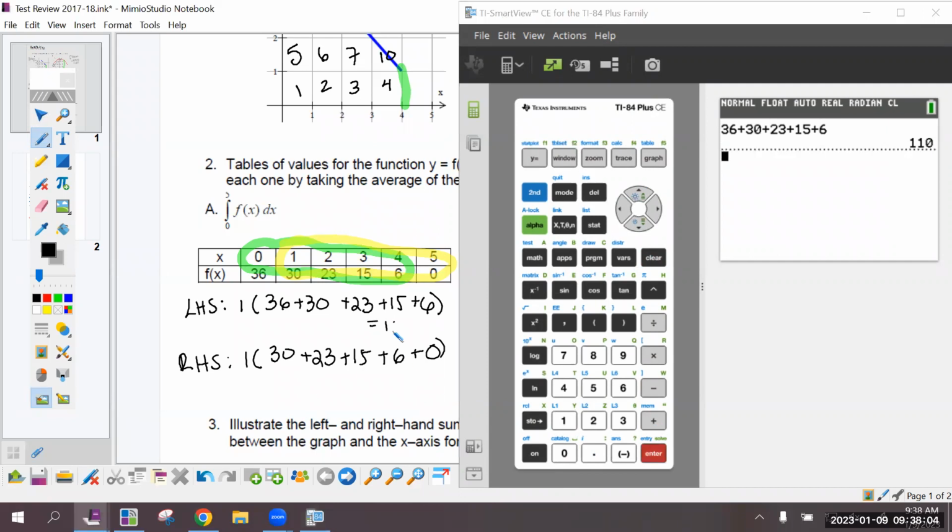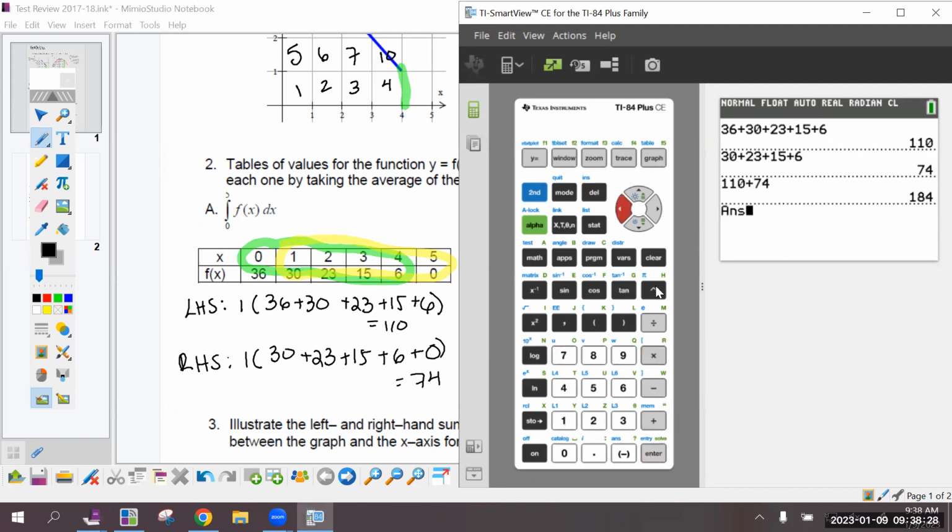This one's 110. This one is 74. So then the average is 92.